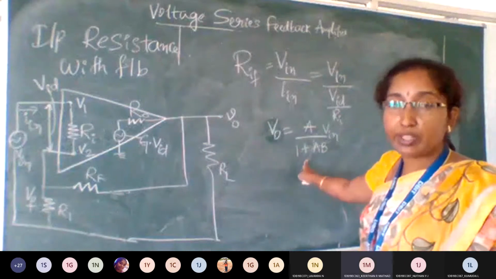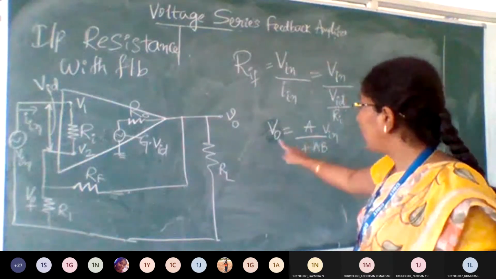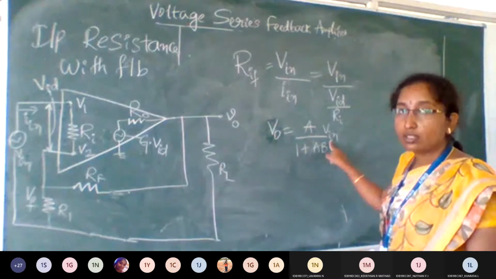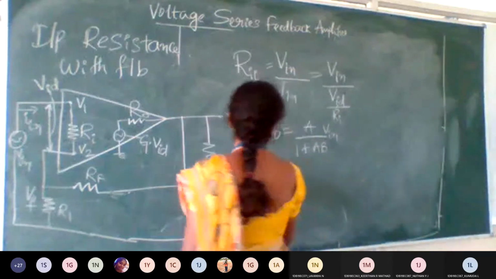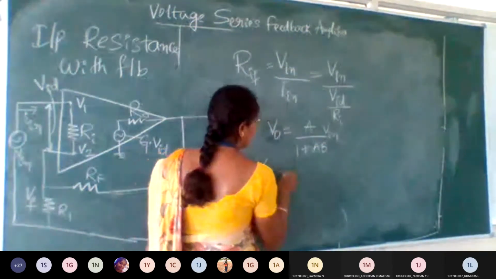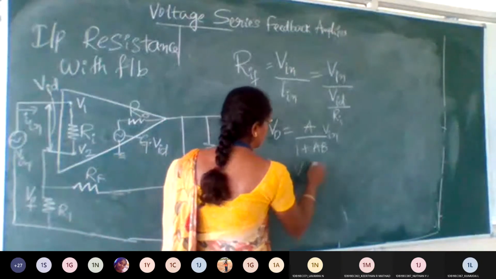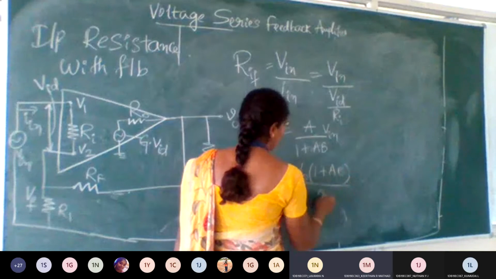This is the closed loop gain AF, equal to V naught by V in, which is A by 1 plus AB. I have taken the closed loop gain expression. From this I'll find out V in. What is V in? V in is V naught into 1 plus AB, all divided by A.